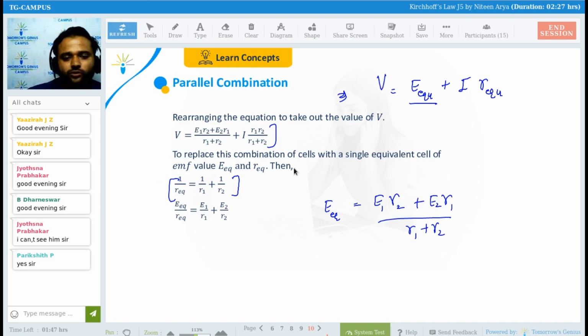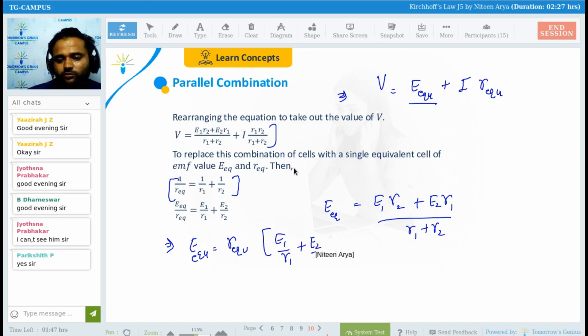Opening this, you can find this. Moreover, E equivalent is R equivalent times (E1 by R1 plus E2 by R2). I know this is a little bit complex, but this is the way we can find it.